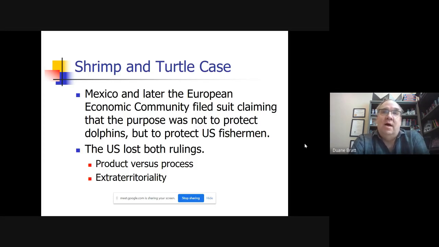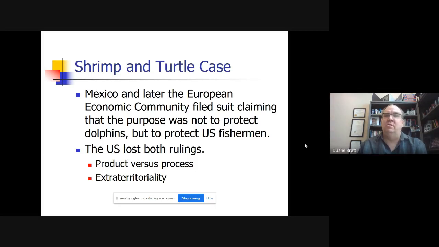One was the idea of product versus process, and this will be explained more in this course, but briefly, it means that you can't discriminate on a product, let's say an apple or a chair, or in this case, tuna or shrimp, based on how it is made, the process, how it is taken from a tree.